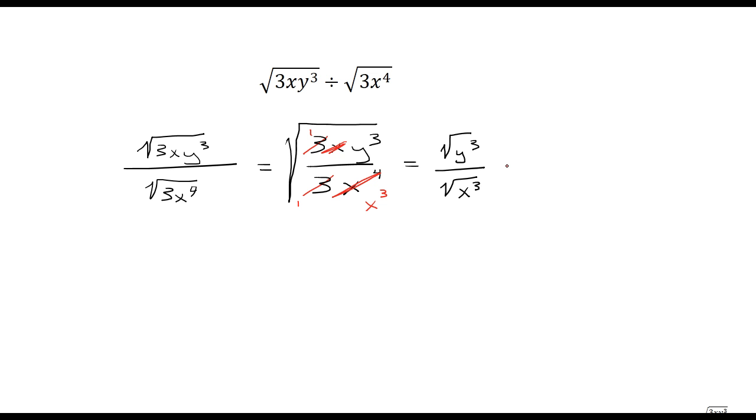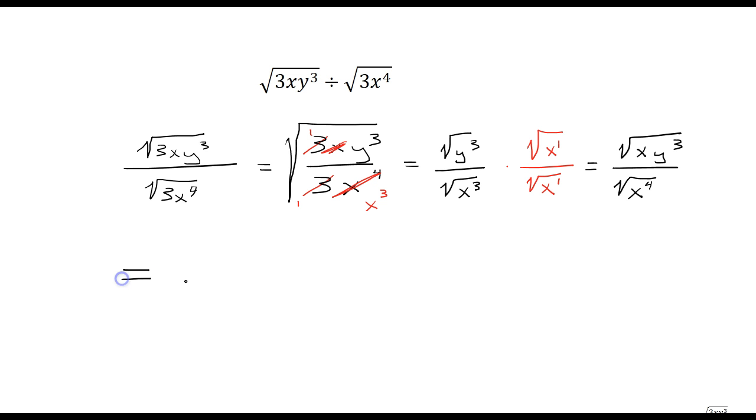I can make that an x to the fourth if I just multiply it by the square root of x to the first. If I do that, I get something in the denominator that I do know the square root of. We know the square roots of anything raised to an even power. And in the numerator, I can put these together.